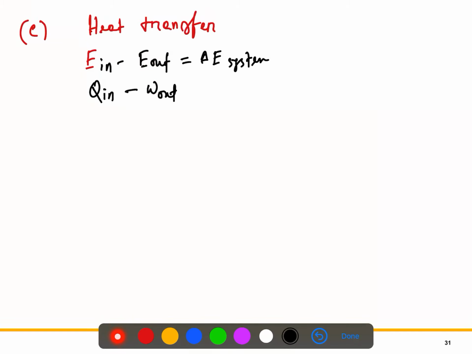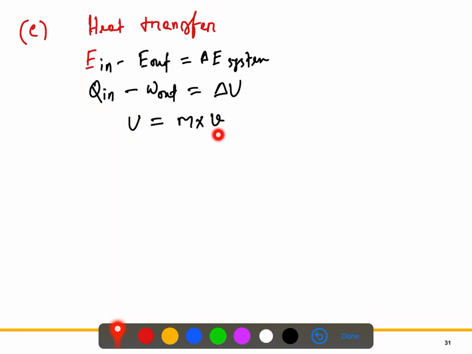And the other thing, if you see delta E, I told you this is the internal energy. U is the internal energy. And we know from the formula, U, the internal energy, is mass into the specific internal energy. Here U is capital U, this is a small u. So it is mass times the specific internal energy.